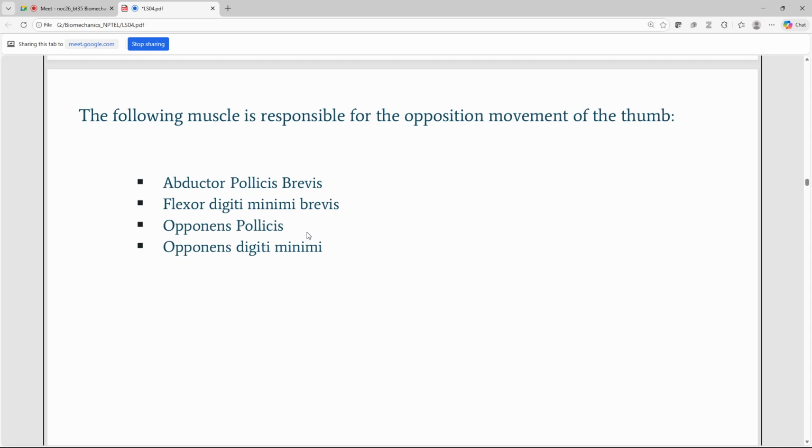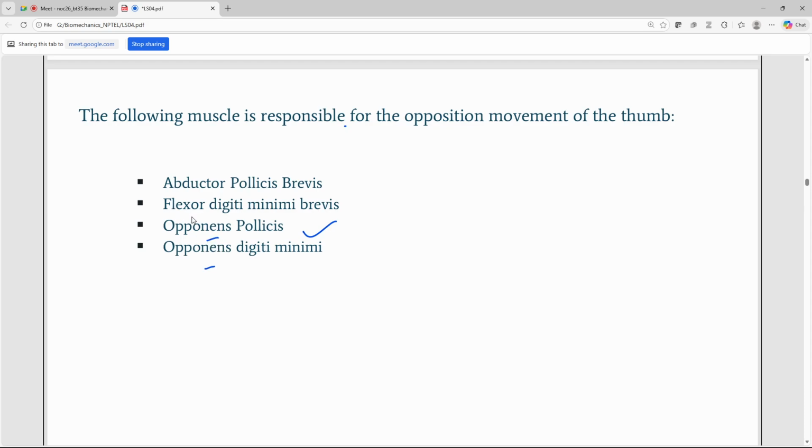Yes, the answer is option C, opponens pollicis. Because in the previous question we discussed the function of opponens pollicis, it was easy to connect opponens and opposition. But a question like this one can be more difficult, because for the opposition movement of the thumb, if you check, there are two opponens.